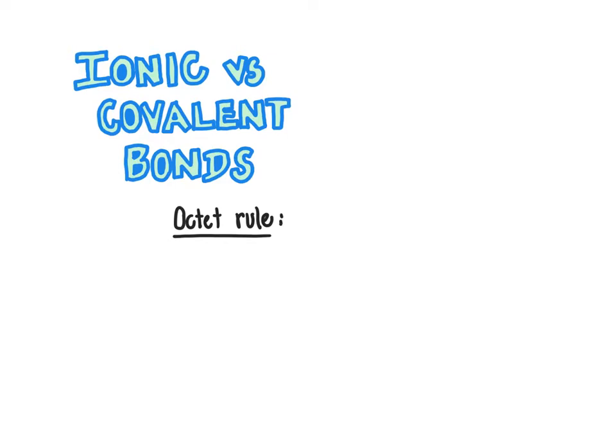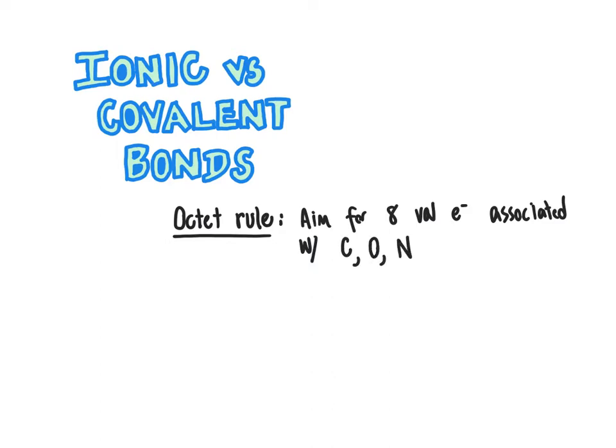So we aim for 8 valence electrons that are going to be associated with the common atoms that we will deal with here in organic chemistry: carbon, oxygen, nitrogen, and typically, most of the time, for organic molecules, sulfur is going to follow the octet rule as well.